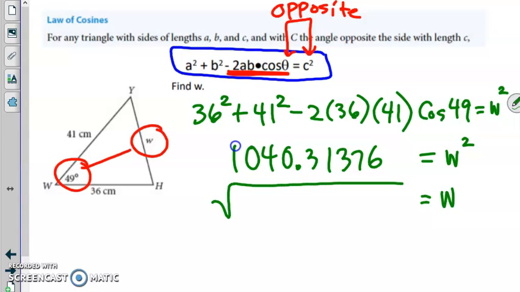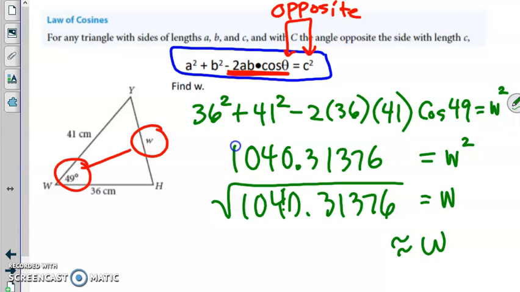Okay, we did the square root of it. The square root of 1,040.31376 is going to give us an approximation. You like for all the answers to be rounded to thousandths. So it comes out to be 32.254 for the length.